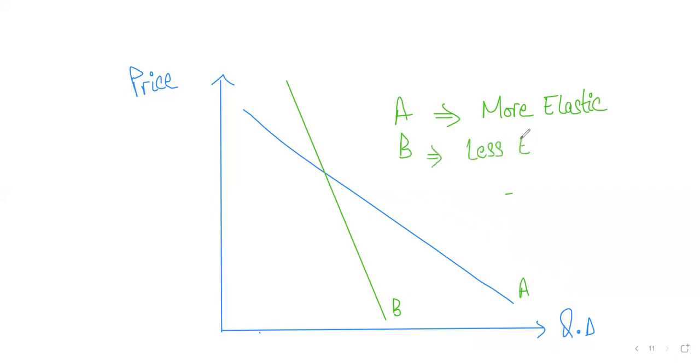Anything that's not clear? Anything you want to ask me? So what did we understand out of this? That steepness is inversely related to elasticity: more steep, less elastic. So if the graph is more steep, then it means it's less elastic, and vice versa.